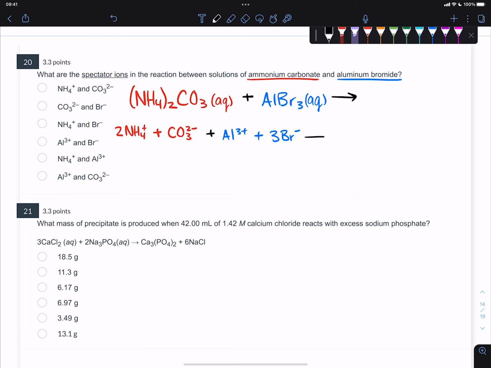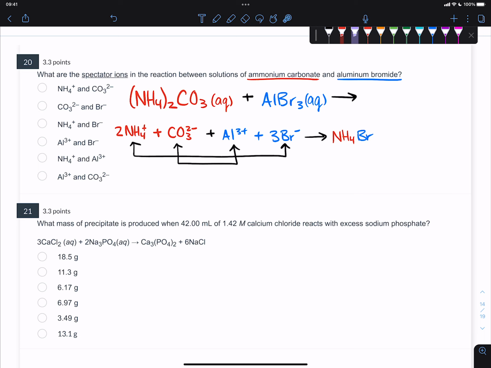Now, what are the possible other sides? Remember that you're going to have your cations pair up with the opposite anions like this. So one of the products, so to speak, is going to be ammonium bromide. It's going to look like this, NH4Br.